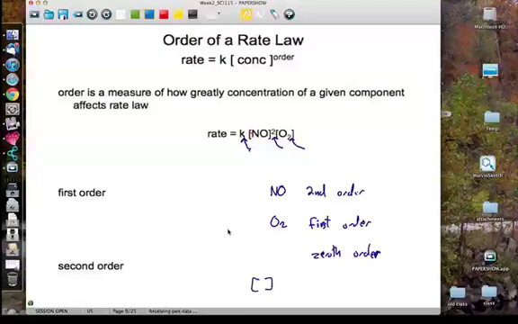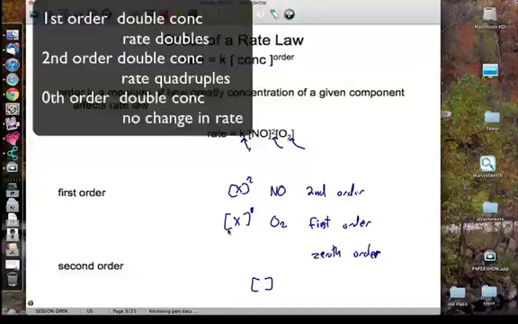These are directly derived from the exponent. Usually when we show an exponent of 1, it's implied, it's not written. And an exponent of 0 is equal to 1, and so mathematically it doesn't show up in the rate law.